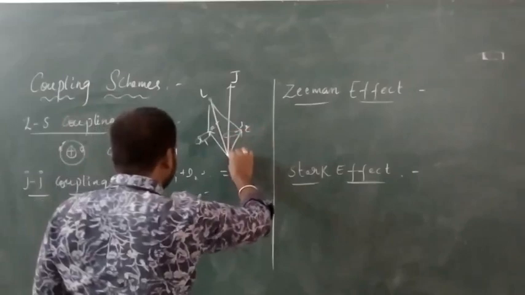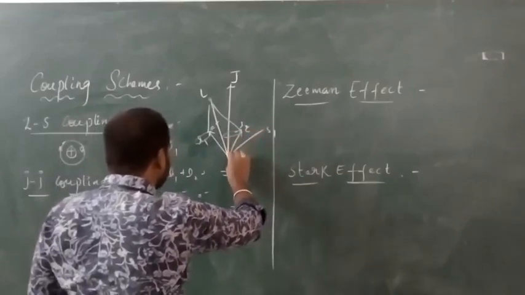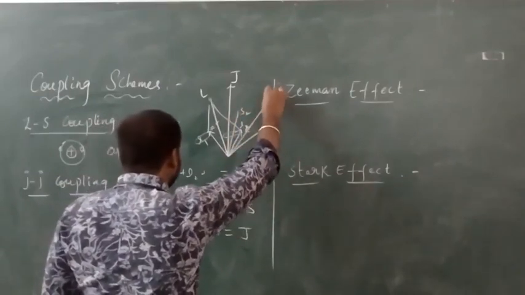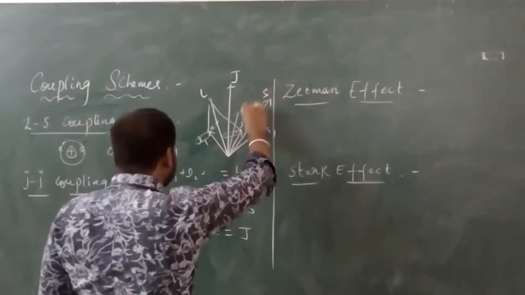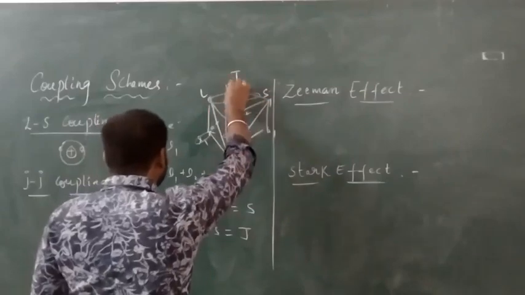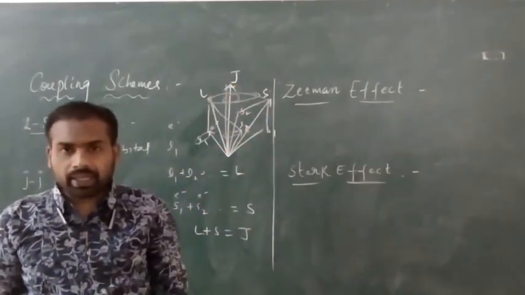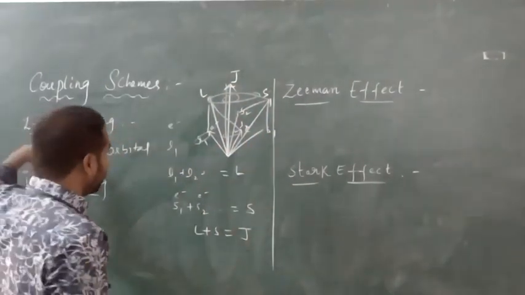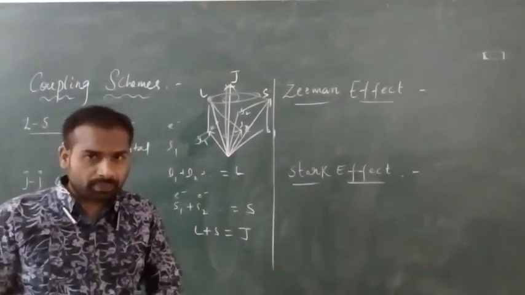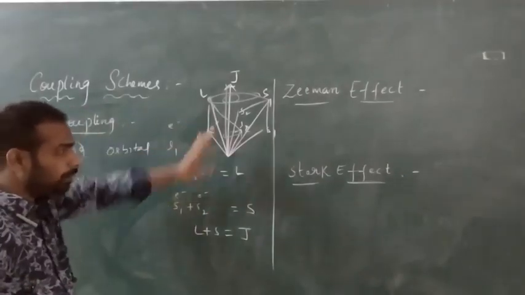Similarly, spins S1, S2 give the total spin angular momentum S. Now, these two combine to give the total angular momentum J. Like this we can explain LS coupling. This is also called Russell-Saunders coupling, or normal coupling. Like this, the LS coupling will be active.